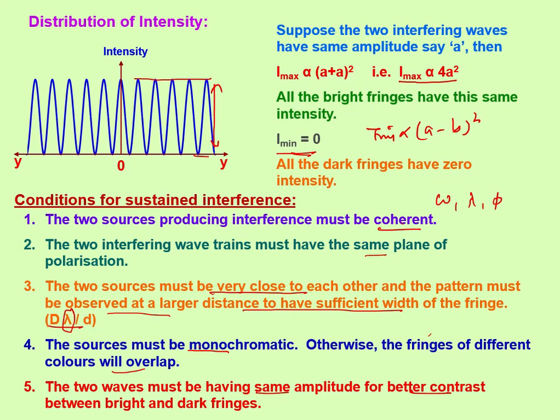Then we studied Young's double slit experiment, lots of mathematics, and the conditions for maximum brightness, lambda D upon small d, minimum brightness, lambda D upon 2d, then separation between two consecutive maxima, minima, their intensity patterns, and the conditions to obtain all these interferences.